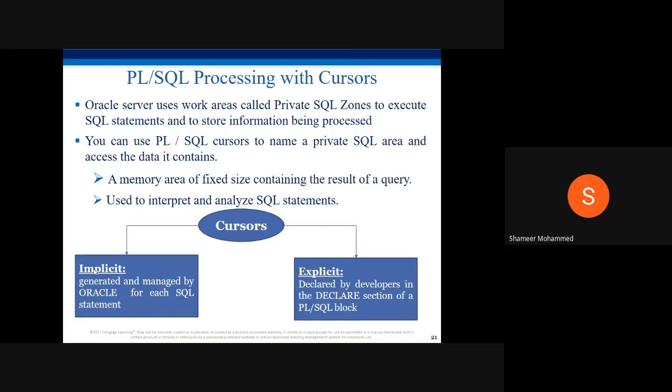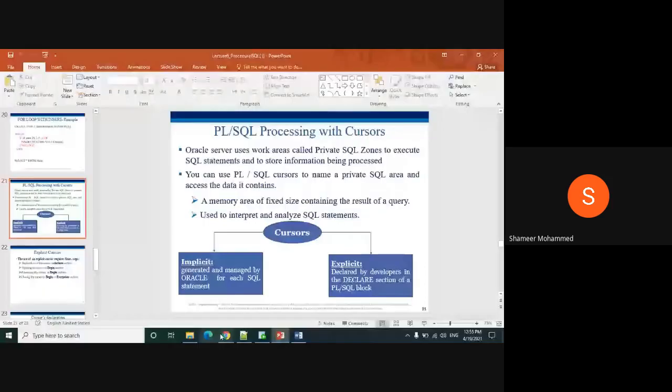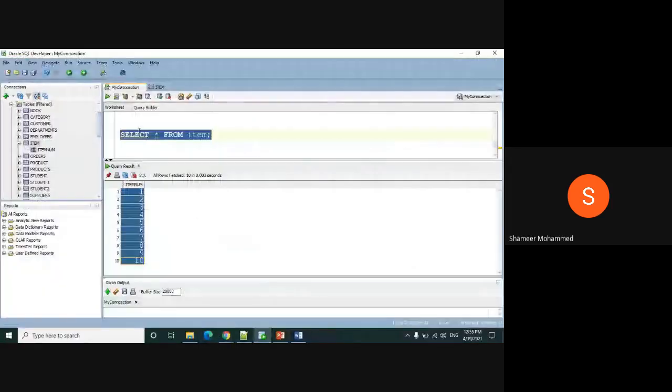The second type is the cursor you create yourself. You are the developer of the PL/SQL program, so you can create your own cursor. So two types: one is implicit, which is already present in Oracle, like this one. This is also a cursor where you are executing the statements and storing the data.